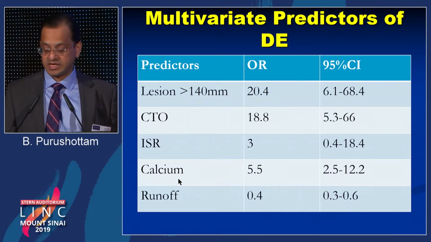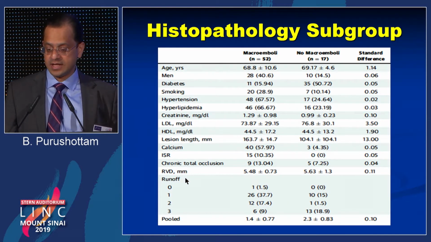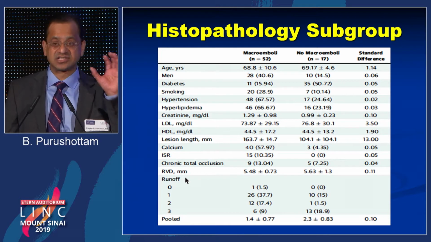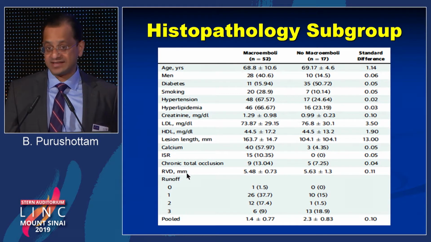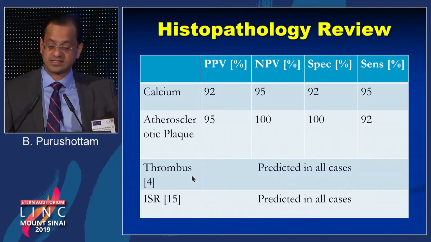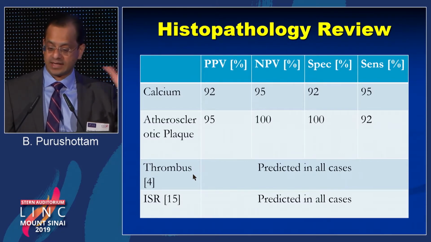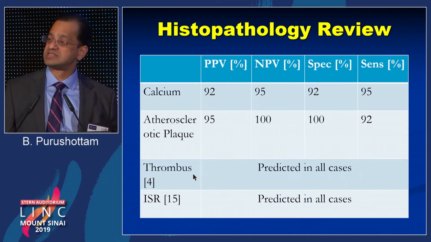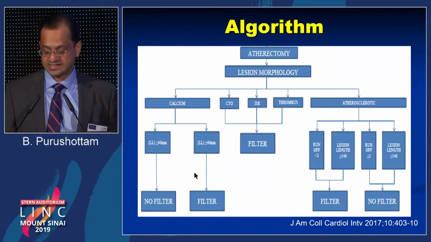These were the multivariate predictors. When they analyzed only the pathology group and correlated it with angiographic factors, they found that these 4 factors, which you assess angiographically, calcium, atherosclerotic plaque, thrombus, and ISR, had a higher risk of causing significant macroemboli as seen on histopathology.